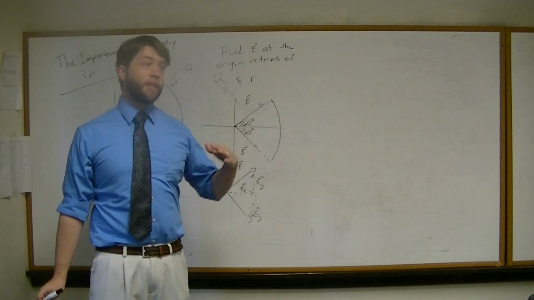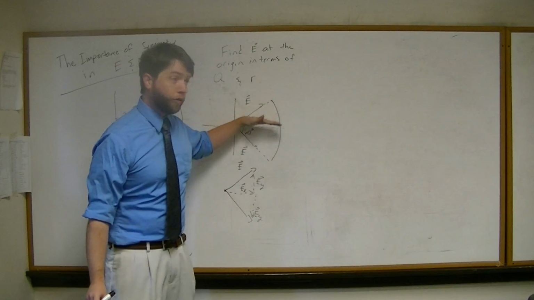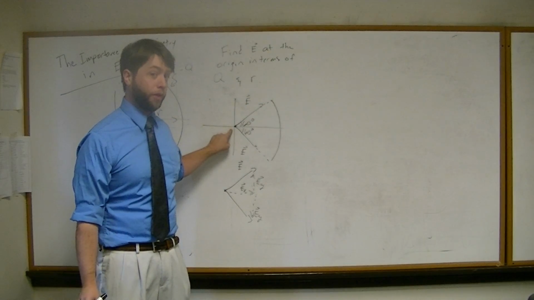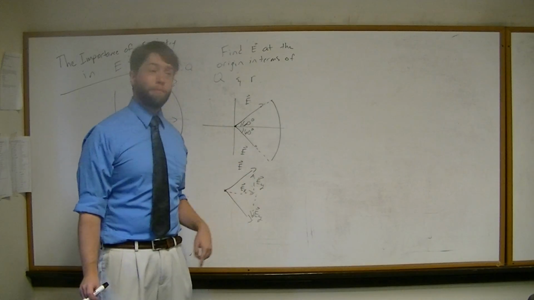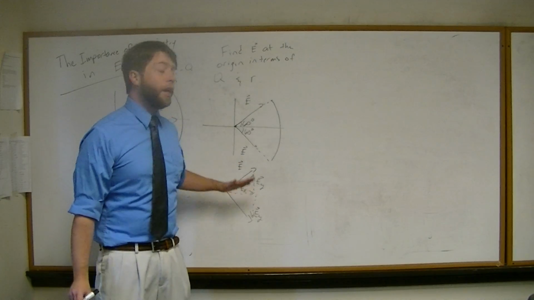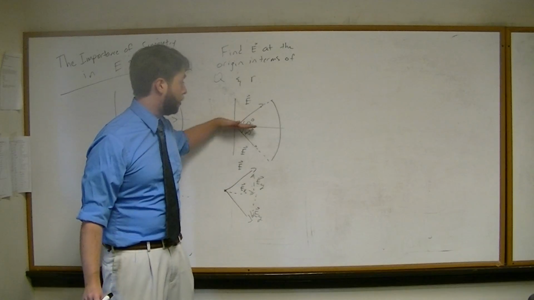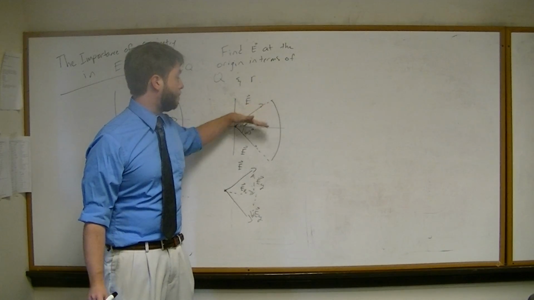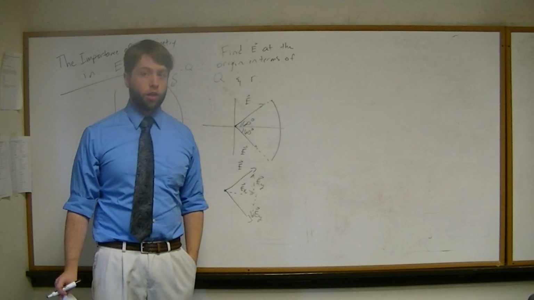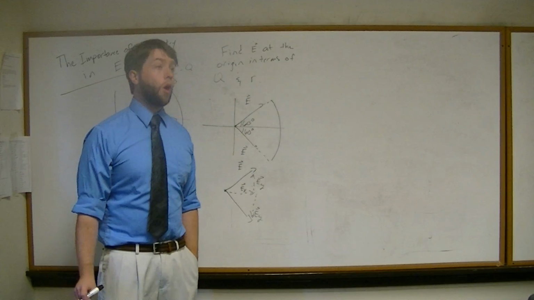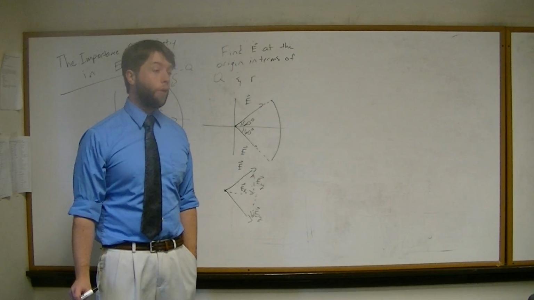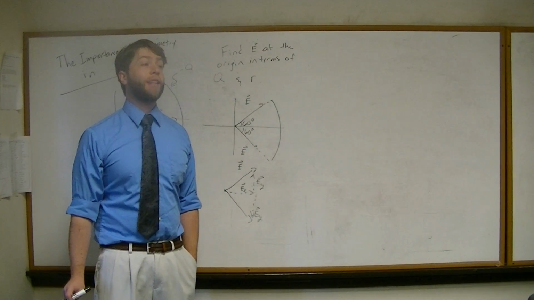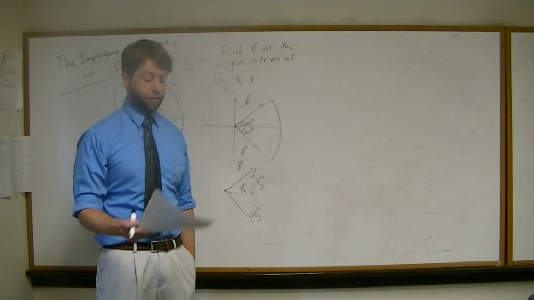So this should already make sense to you that when we integrate over this full length of the rod to figure out the total amount of electric field at the origin, the Y components are going to cancel. There is a mirror image. If you think of this horizontal as a mirror, there is a mirror image in the opposite direction along the Y component. So all of the electric field components in the Y direction are going to cancel, and all I'm going to need to do is look at the X components of that field.